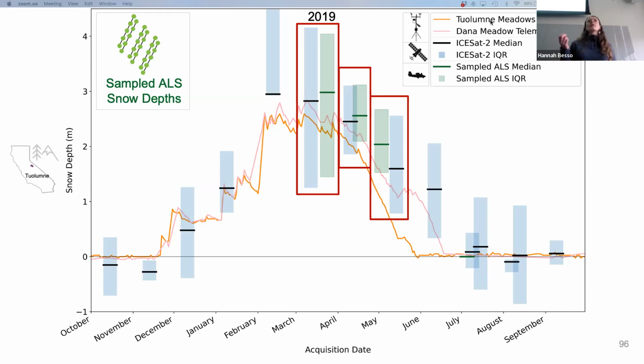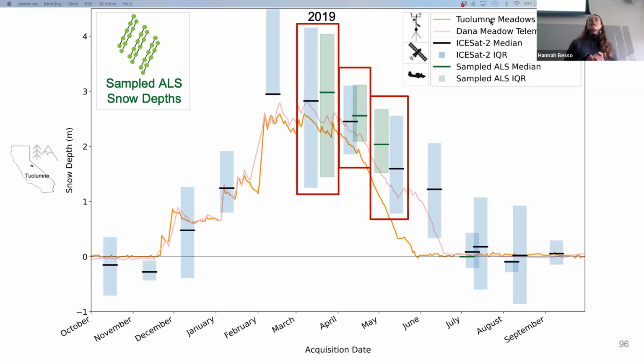On dates when the aerial LiDAR was flown within about 20 days of an ICESat-2 data acquisition, we can compare the snow depth between the two instruments in great detail. So in the red boxes, these are pairs of data, the blue being the ICESat-2 and the green being the aerial LiDAR data. The data was acquired within 20 days of each other. And we can see that the median values for both of these instruments are fairly close together.